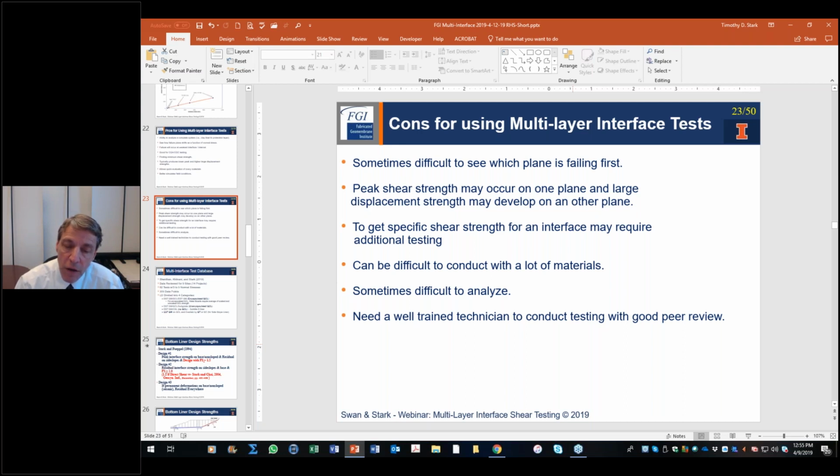Yes, is a partial increase in residual strength as compared to peak strength for a single interface test possible for any combination? I think what's being asked is, after you reach residual or large displacement, can you get a strength gain? Yeah, I think that's what he's asking.